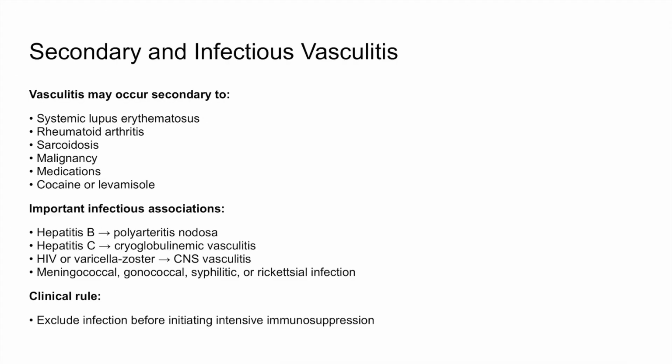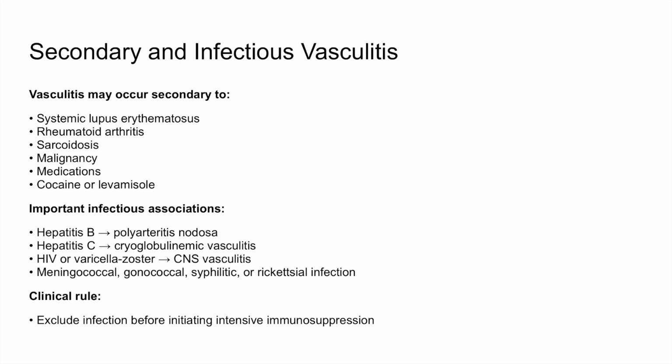So not every case of vasculitis represents a primary autoimmune disorder. Similar vessel inflammation can occur secondary to lupus, rheumatoid arthritis, malignancy, medications, cocaine. And so infections are particularly important because immunosuppressing an unrecognized infection can be dangerous.